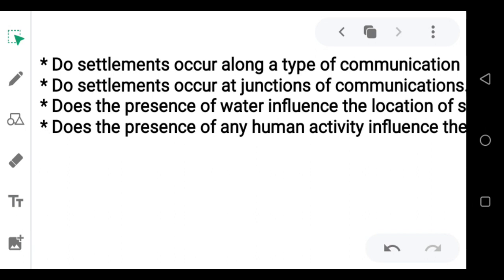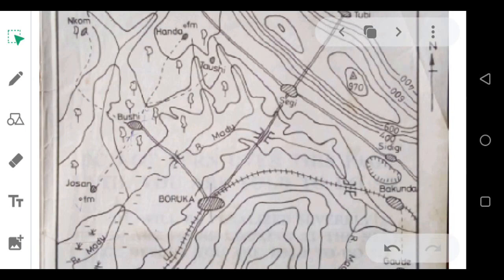So those are the questions you look at when reading maps or interpreting maps. You look at it again, find out the types of communications on the map. What are the roads? Roads presence, railway lines presence, rivers and footpaths.